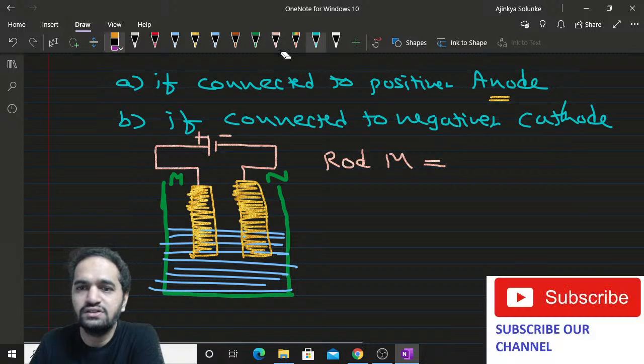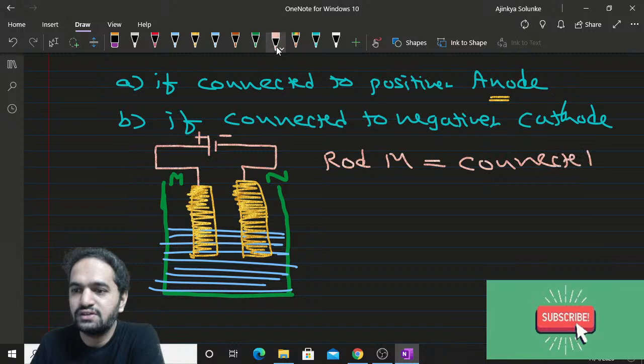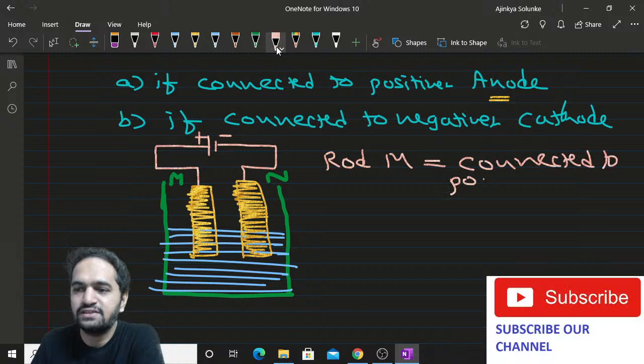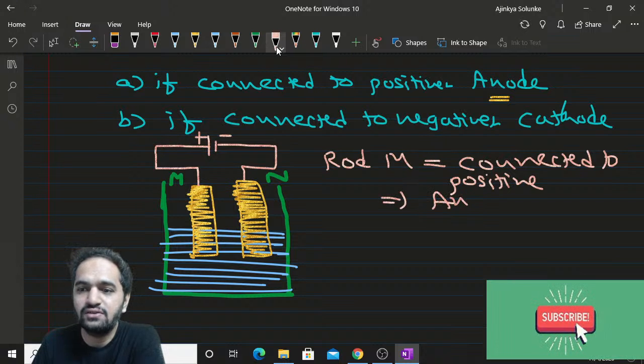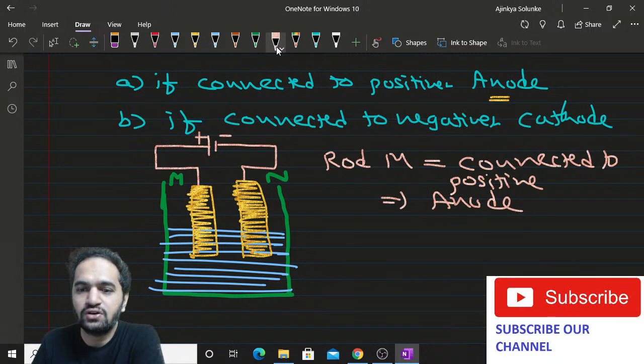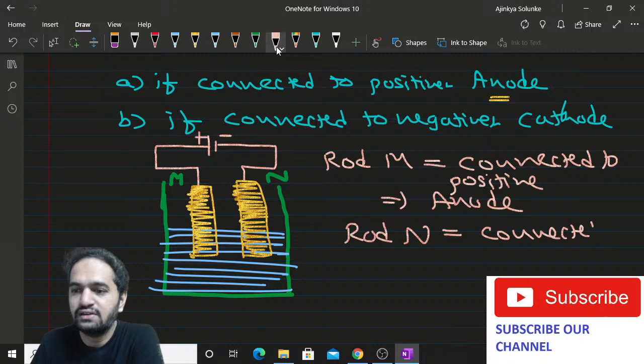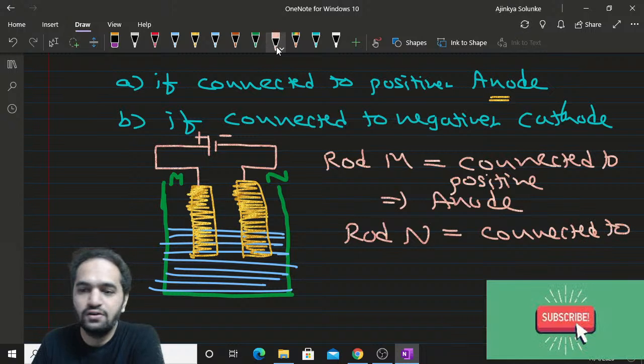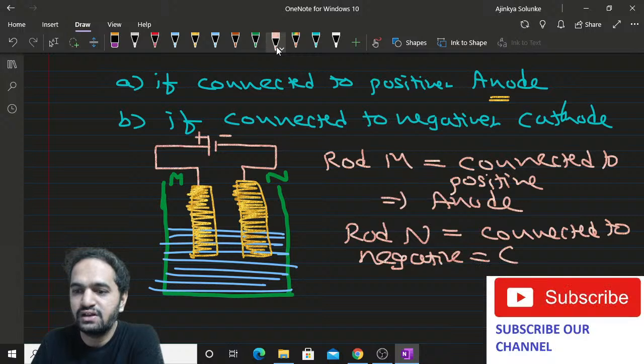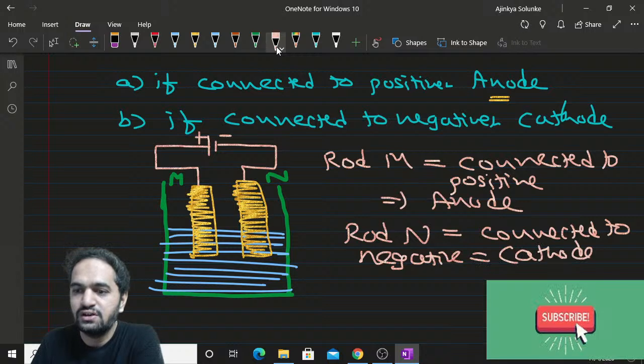Not positively charged, we have to say connected to positive. And if it is connected to positive, in short it means it is anode. Same goes for rod N. Rod N is connected to negative, so hence it is cathode, right?